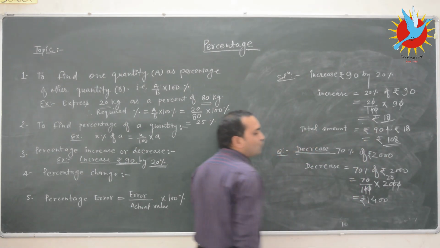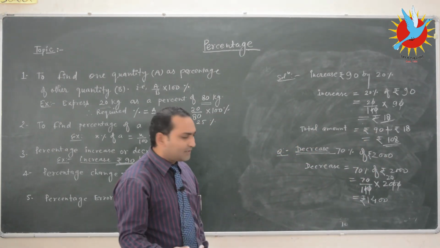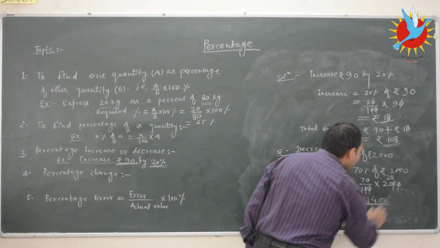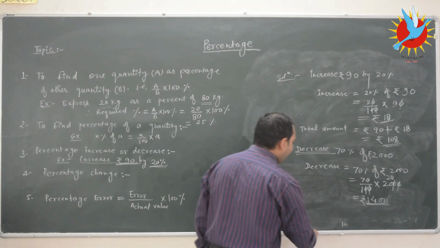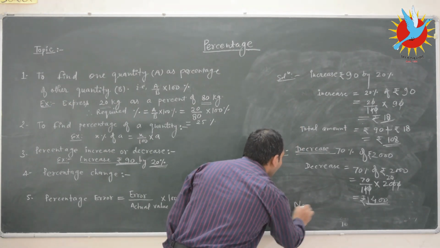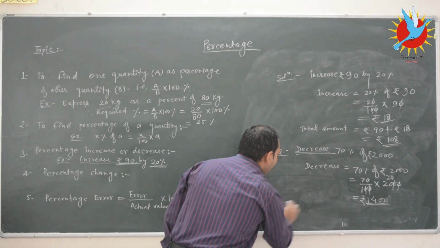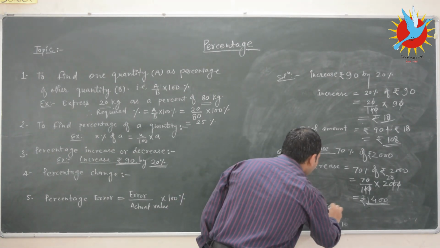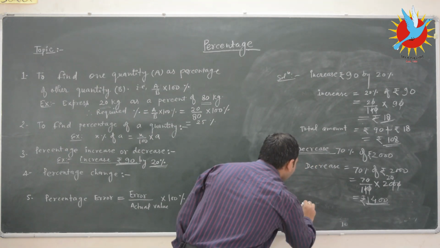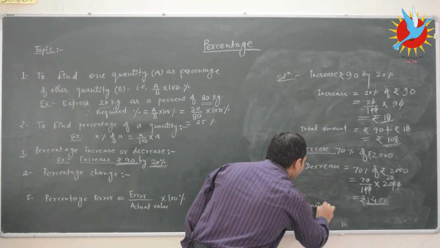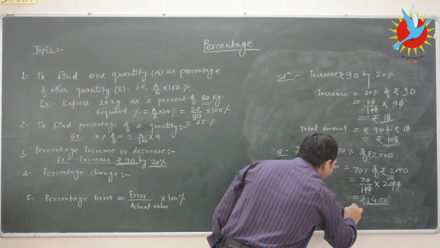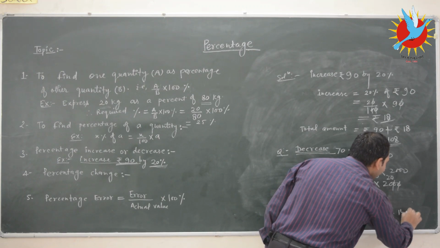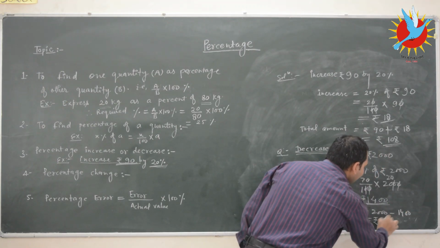Initially it was 2000, and when it decreased by 70% of 2000, it becomes 2000 minus 1400. So the new remaining amount is equal to 2000 minus 1400, which is equal to rupees 600.